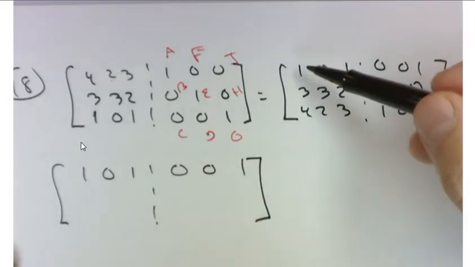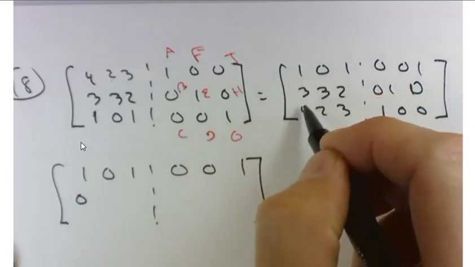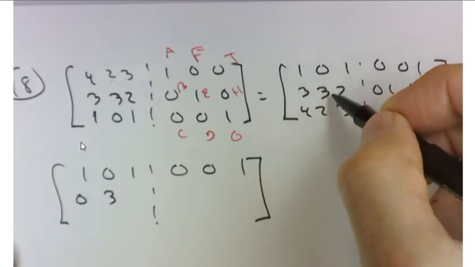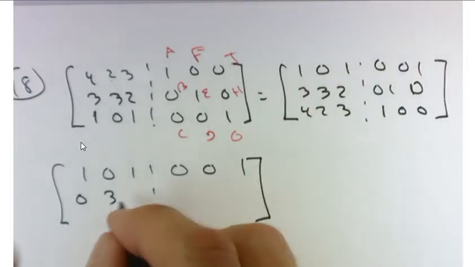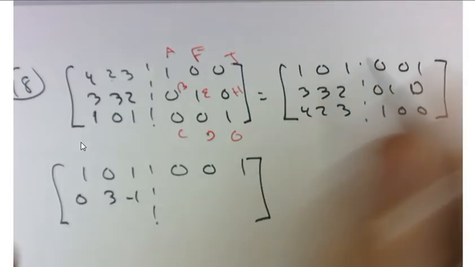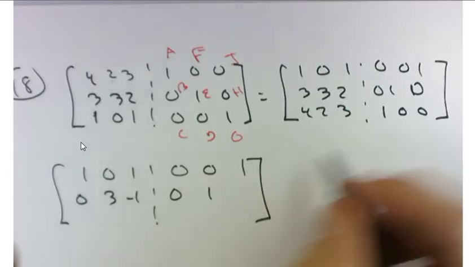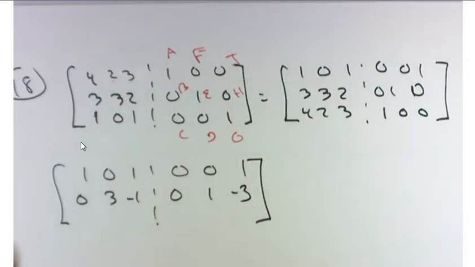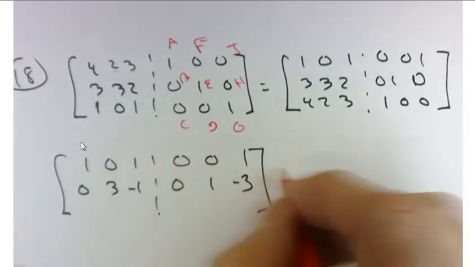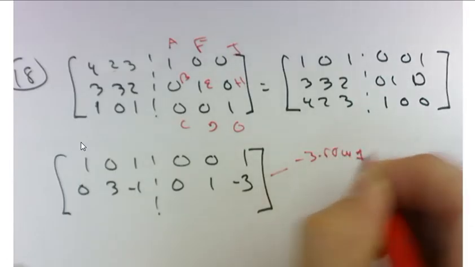If I multiply this by -3 and add it here, I'll end up with a 0. -3 times 0 added to 3 is still 3. -3 times 1 added to 2 is -1. -3 times 0 added to 0 is still 0. Still a 1. And now a -3. So -3 times row 1 plus row 2.